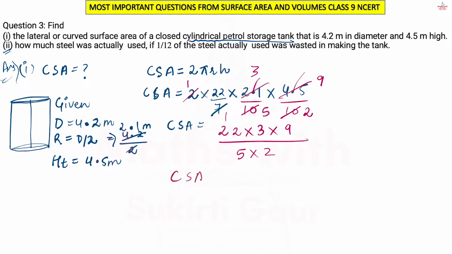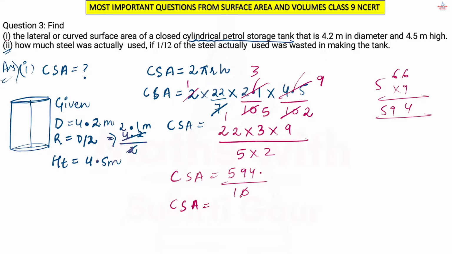I can also write it as 22 into 3 is 66, and 66 into 9 will be, 9 into 6 is 54, plus 5 is 59, 594 upon 10. Now just shift this decimal because of this 0. 59.4 meter square, because the values were in meter. So we have got the curved surface area of this petrol tank as 59.4 meter square. We need to find this only in the first part.